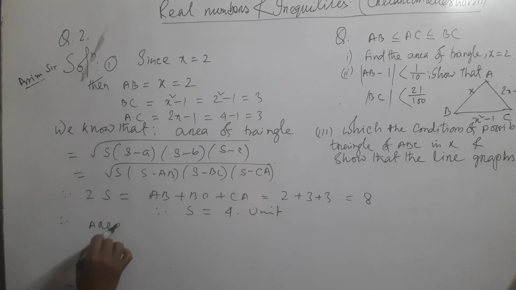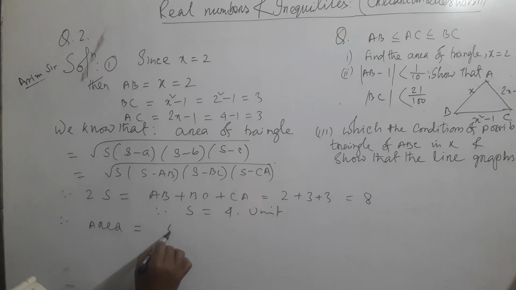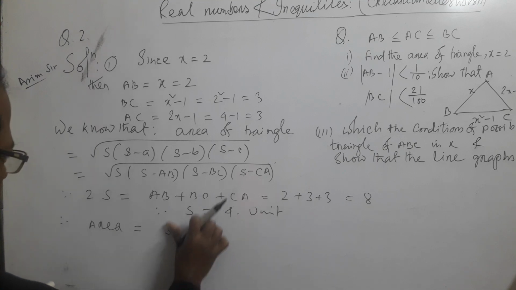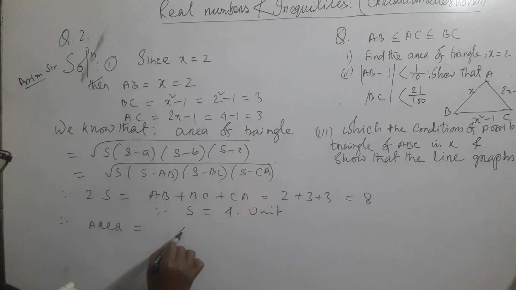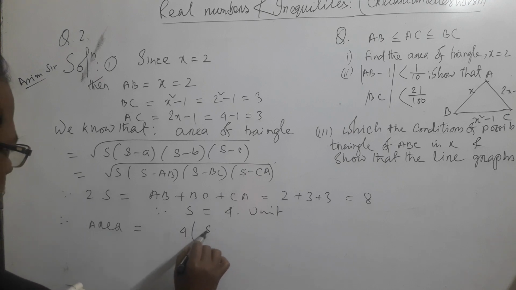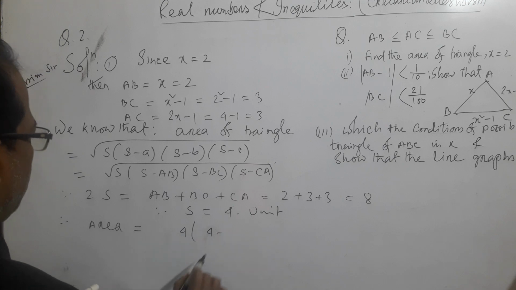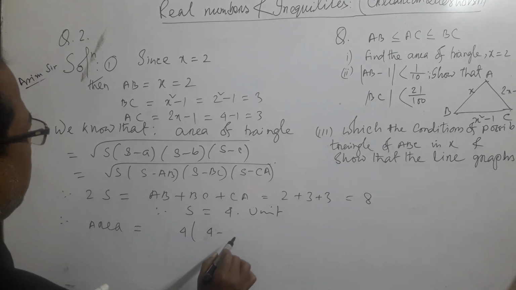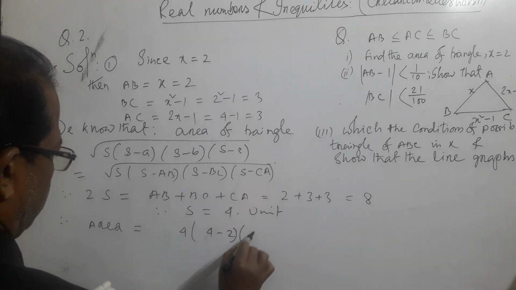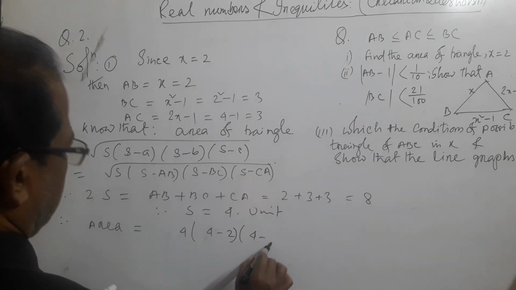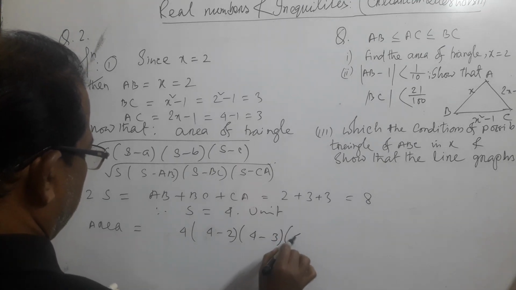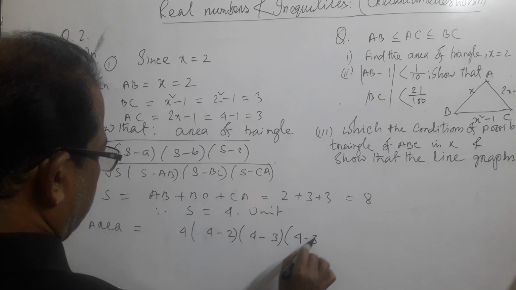So the area equals the root of S, 4, into 4 minus AB, that means 2, 4 minus BC, that means 3, and 4 minus CA, that means 3.